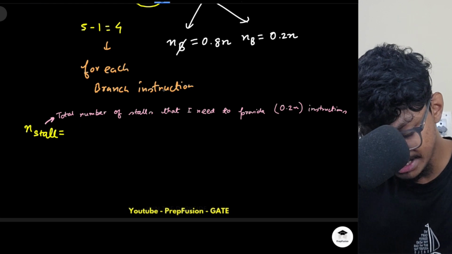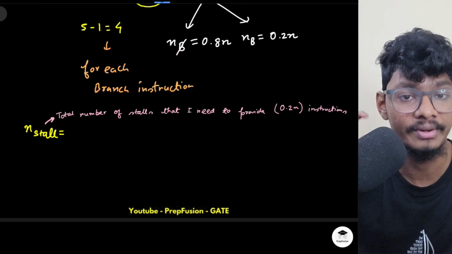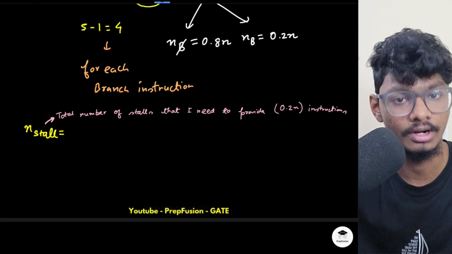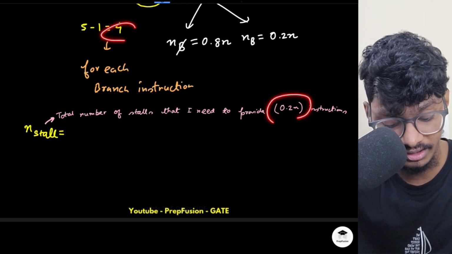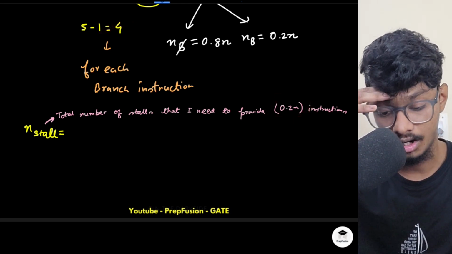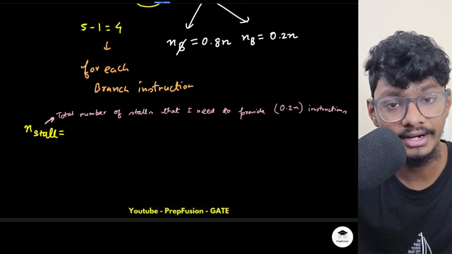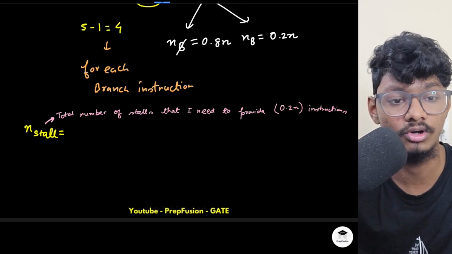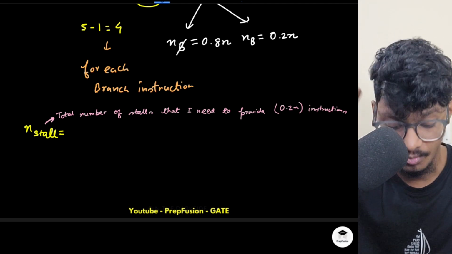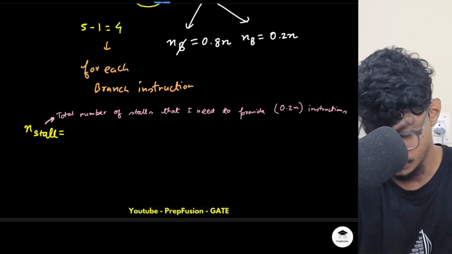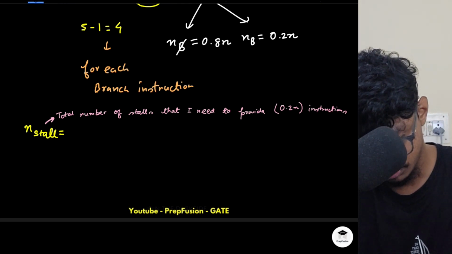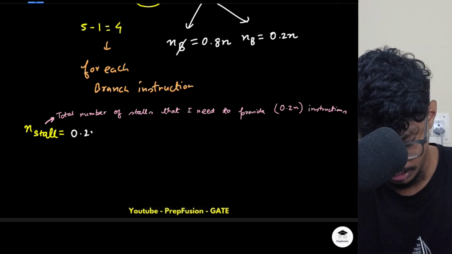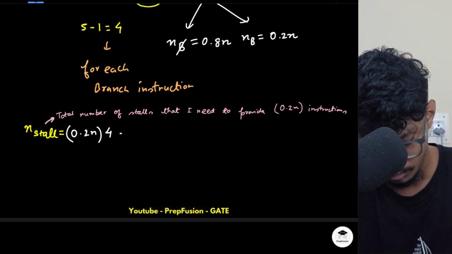If one branch instruction causes 4 stall cycles, how many will 100 branch instructions cause? 400 stall cycles. Then 0.2 n branch instructions will cause 0.2 n into 4 stall cycles. So N stall will be 0.8 n.